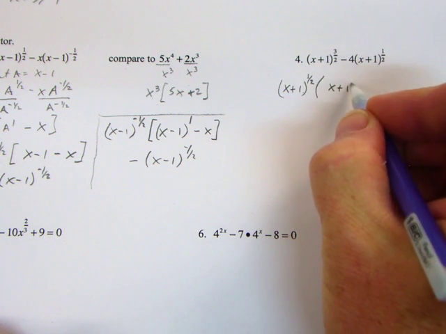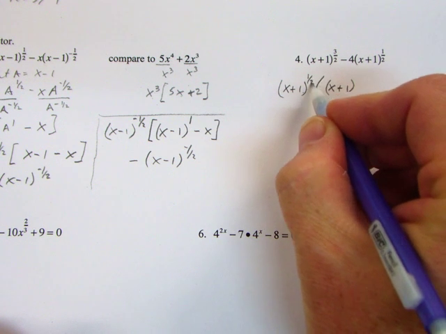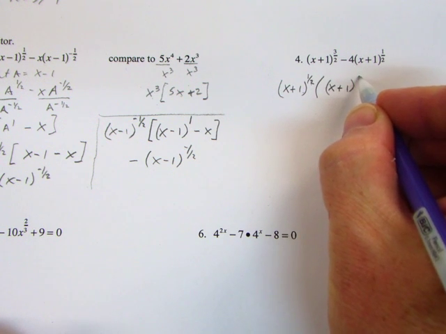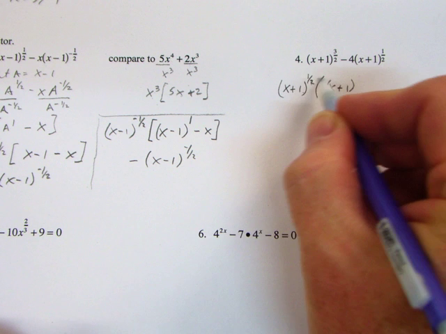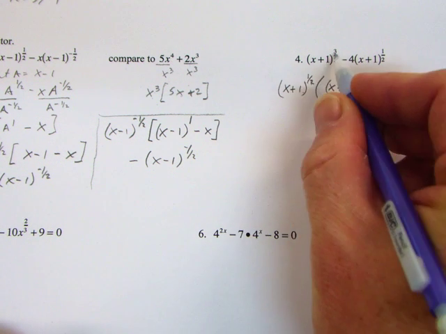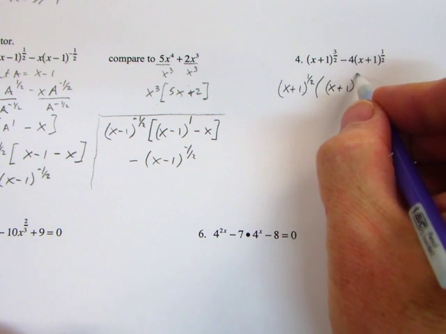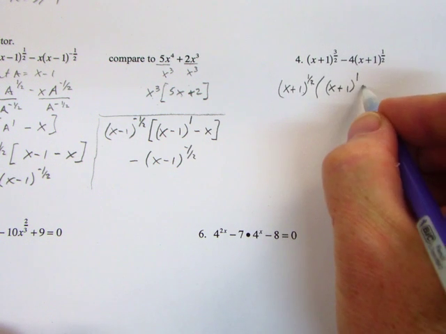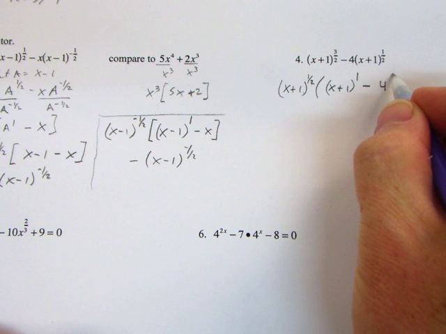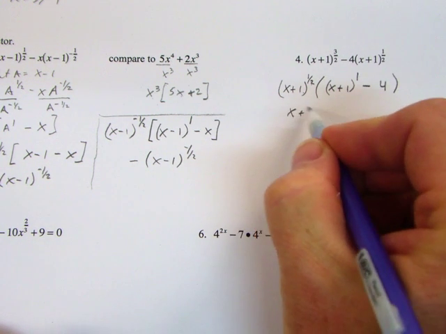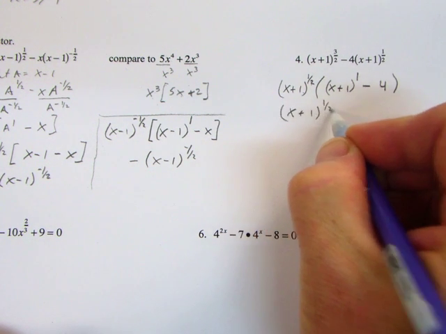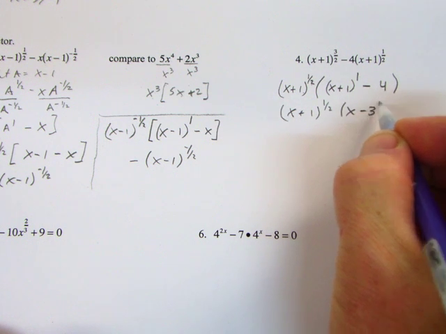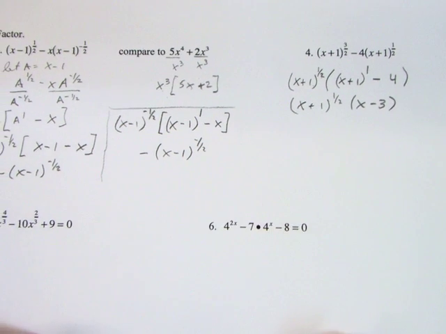Well, we know the base is going to be the same, so 1/2 plus what number, because when the bases are the same, we add the exponents. 1/2 plus what number gives us 3/2? 3/2 is 1 1/2, so 1/2 plus 1, minus 4. So we have x plus 1 to the 1/2 times x minus 3. And that problem's done.